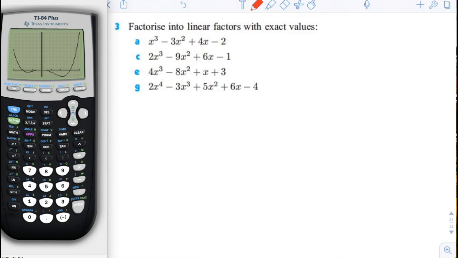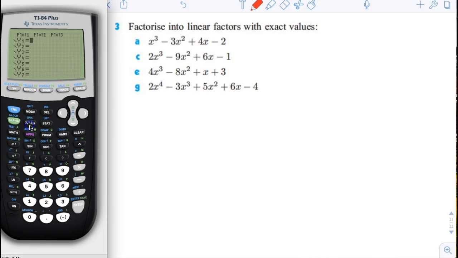Okay, so in 3, we are doing the exact same thing, except this time they want us to give the answer in terms of linear factors and not the zeros. So let's do the first one. Again, you could use the rational roots theorem and find out that the possible roots are plus or minus 2 or plus or minus 1. Let's just use graphing here.